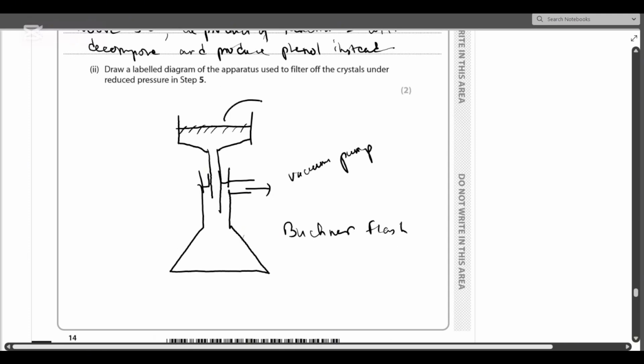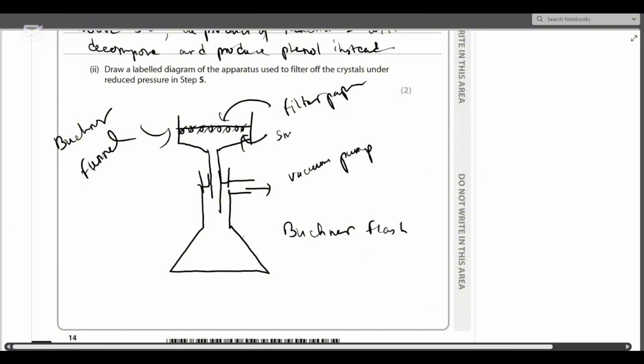We can label it like this, and that is the Buchner funnel. These small holes in the filter plate act as an integral platform for the solution to fall through the funnel to the flask, while the crystals remain above the filter paper.